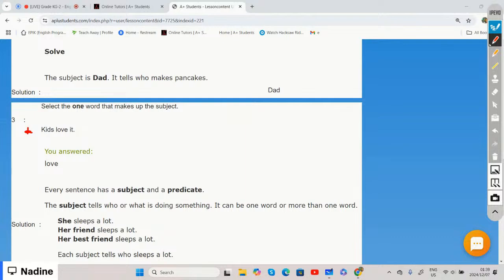And if we were to select the one word that makes up a subject, then we'll say it is kids, because now the question is who loves it? Kids, the subject, loves it. So well done.